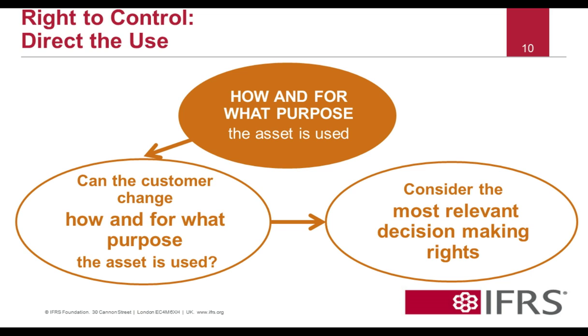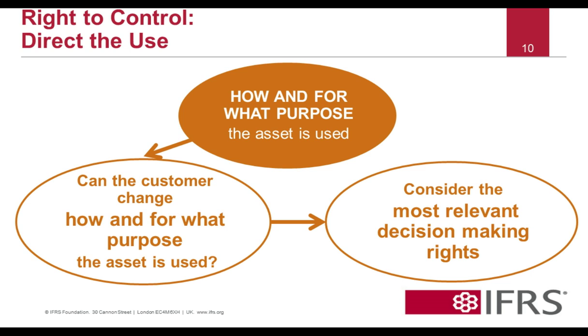Sure. So there are a number of examples of this concept in the application guidance and illustrative examples to IFRS 16. Some examples of decision-making rights that, in the right circumstances, might be the most relevant ones to decisions about changing the type of output that is produced by an asset and changing when or where that output is produced.